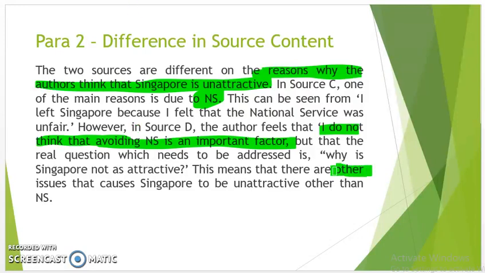That means there are other issues. This person did not specify what issues. It may be the cost of living, it may be the high healthcare costs, but he did not say. Basically, he says it is not NS, but other reasons. So that is the difference in content.